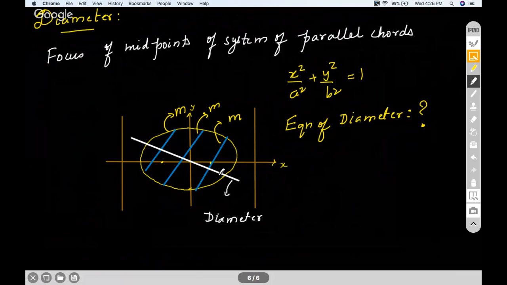So the answer should be in terms of, of course, the variables x and y and a, b, and m only.